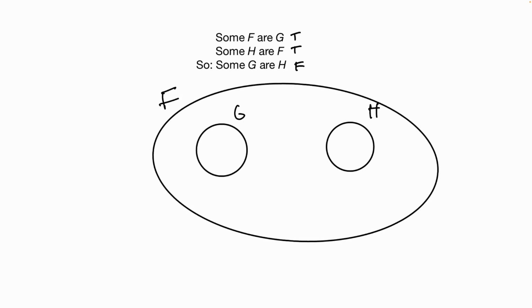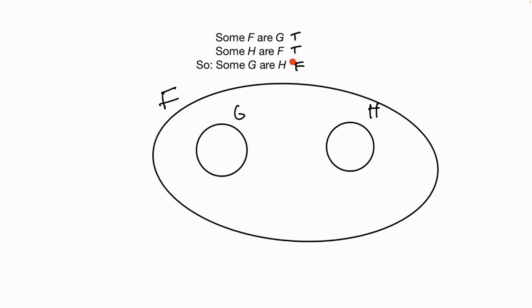If that's how things were, then we'd have some things that are F are G. Some things that are H are F. In fact, all the things that are H are also F. But nothing that's G is H. There's no overlap here. So this shows me, it looks like I can create a scenario where these things are true, but this thing is false. And so this is not going to be a valid form of reasoning.